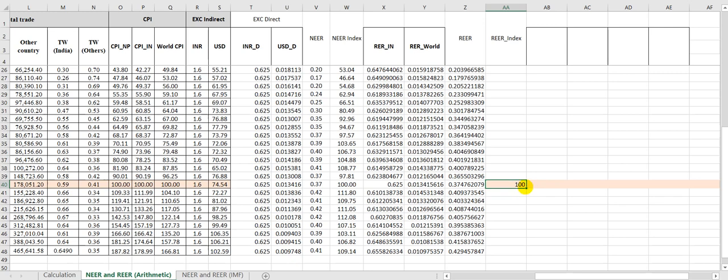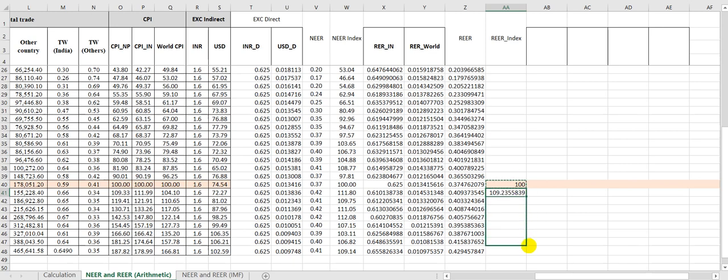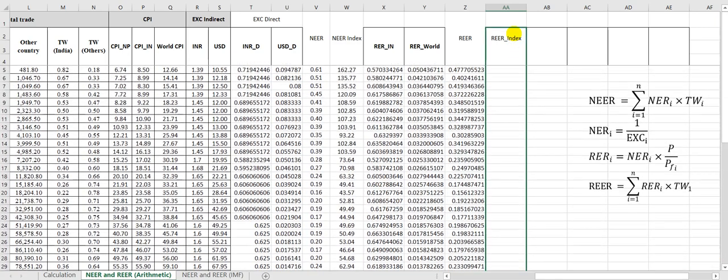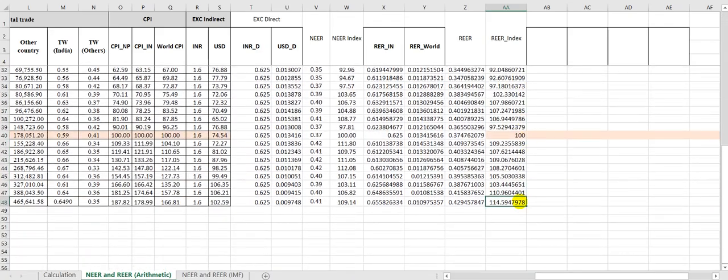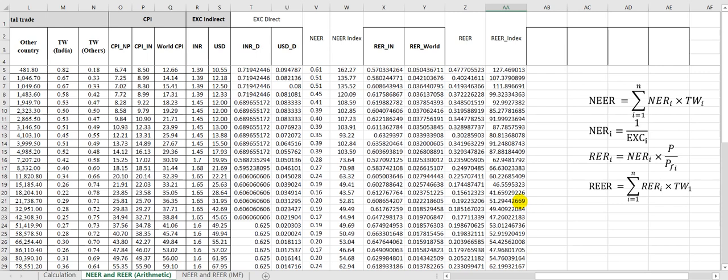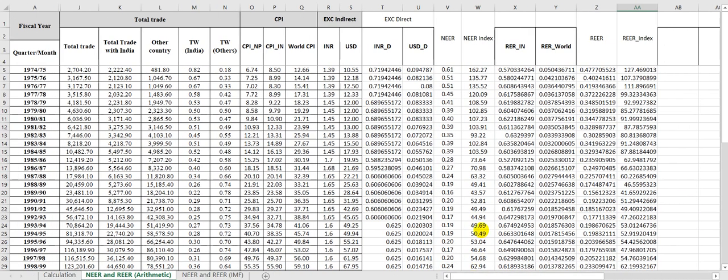If I drag it down, then the color will also change. So I will copy it, paste the formula, and drag it up. This is the RER index. We calculated it with the help of this data.